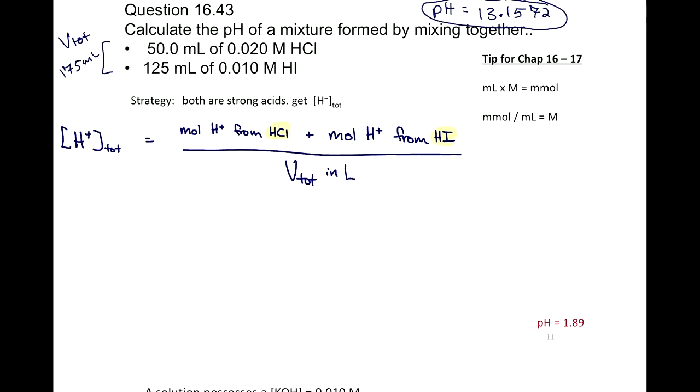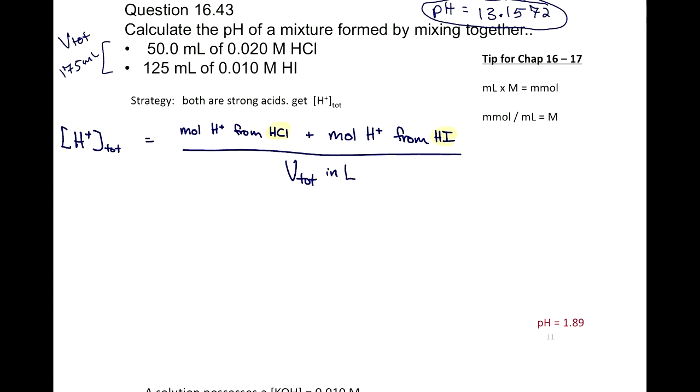So my trick for you is to keep things in milliliters and calculate millimoles of substance present, because when you divide a millimole by a milliliter, you get molarity out. So here's the tip. A milliliter times a molarity gives you a millimole amount of substance. Then if you take a millimole and divide it by a milliliter amount of total volume, you get molarity out. So this saves you the step of dividing and multiplying by 1,000 all the time to convert milliliters to liters, which is often undone by the end anyway.